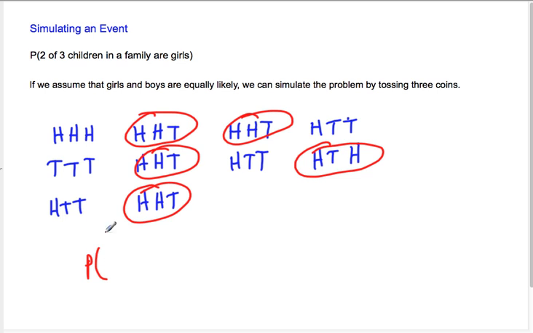So we would say the probability that 2 of 3 are girls equals, it happened 5 times out of 10. So 1/2 or 50%. So that's how we can use experimental probability to make an estimation of what the actual probability is.